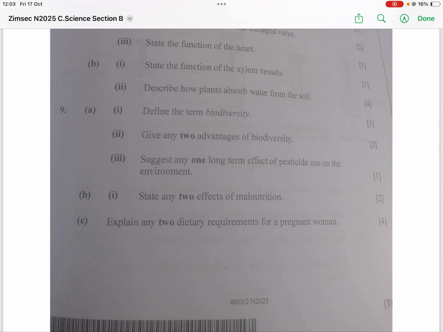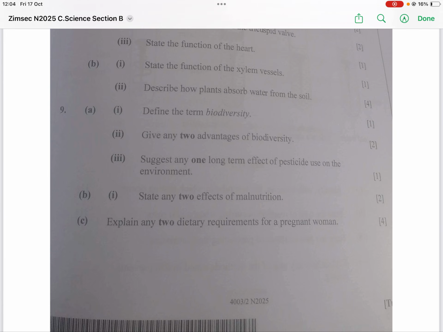Water moves from cell to cell through the cortex of root by osmosis or via cell wall, and this is known as the apoplast pathway. And then water reaches the xylem vessels where it is transported upward to the stem and leaves by the transpiration pull, capillary action, and also the root pressure. By explaining this way, you get all your 4 marks.